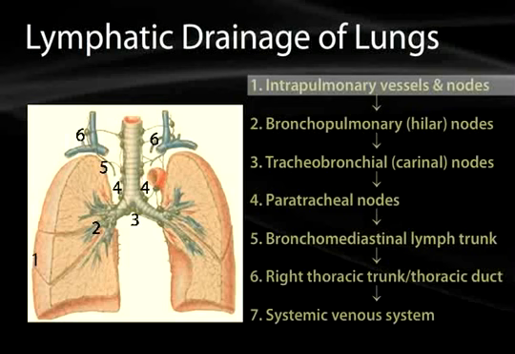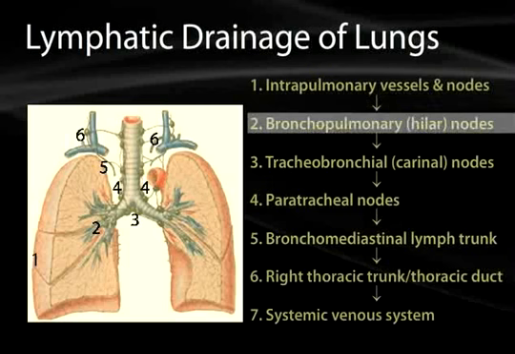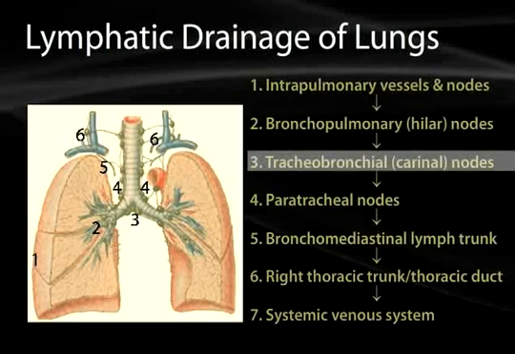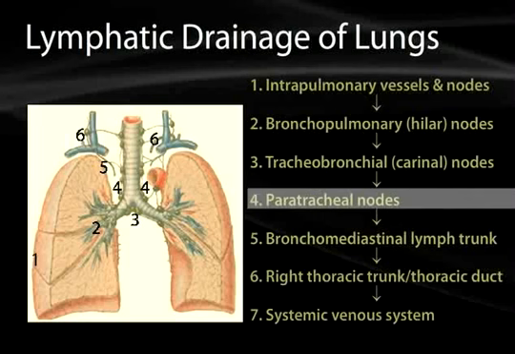Let's take a look at the pathways of these drainage. Remember, when you inhale stuff, whether it's the dust in the air or pollutants from walking in the woods, you're going to have all of that taken to the very outside of the lungs where the gas exchange occurs. Then it's going to be picked up by the intrapulmonary vessels along the outside, brought back towards the bronchopulmonary or hilar nodes, where there can be the tracheobronchial nodes, sometimes called carinal nodes.